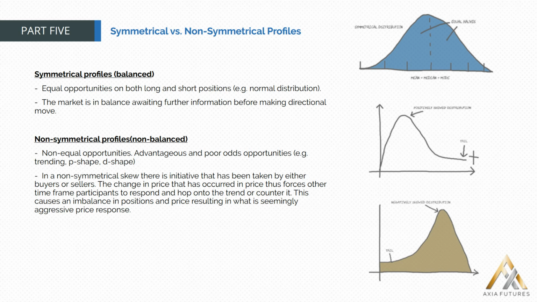This countering eventually causes an imbalance in positions and prices, and it eventually results in a seemingly aggressive price response. So note, when we have this imbalance, we get the initiative, that aggressive change in price brings other time frame participants into play. And that is what creates the volume and volatility and the opportunity for us.